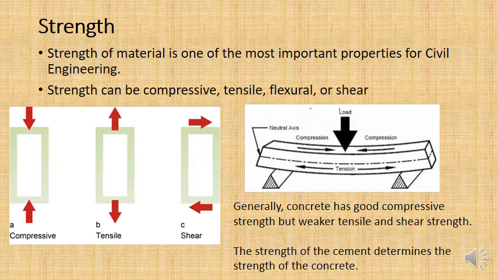And you can see in that beam, as that load comes down, the top of the beam is actually in compression, and the bottom of the beam is actually in tension. So part of the beam is being pushed together, and part of it is being pulled apart. Now, generally with concrete, for most concretes, they have very good compressive strength, but are quite considerably weaker in tensile strength and shear strength.